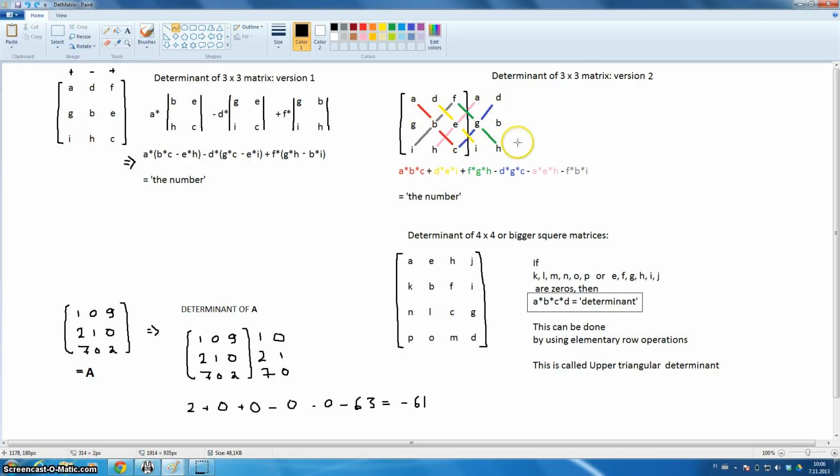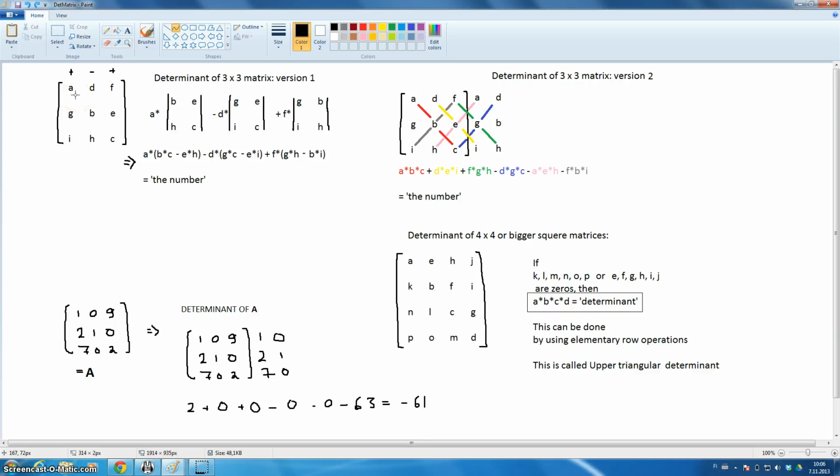But that only works with 3 by 3 matrices. This other version works with every n by n matrix, but it's more complicated.